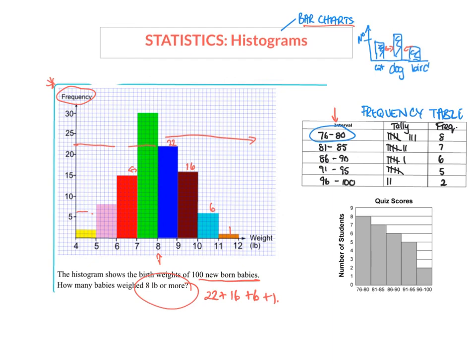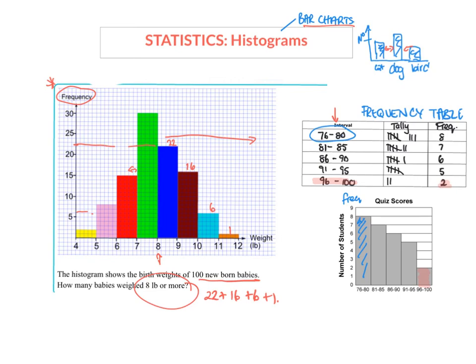This was how many students scored between 76 and 80, so we counted them up and we had 8. When I draw this histogram, this tower goes up to 8 on the frequency scale. Between 96 and 100, there was 2, so this column goes up to 2. So that's how you draw a histogram.